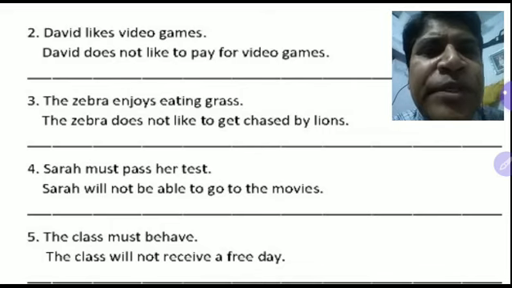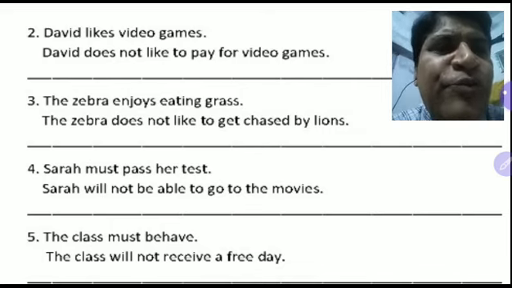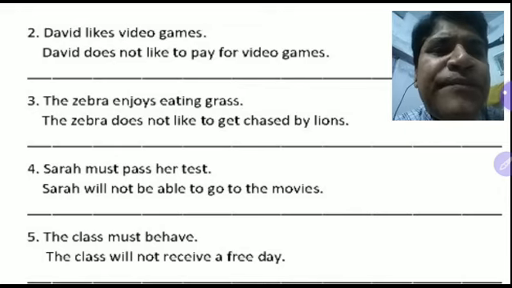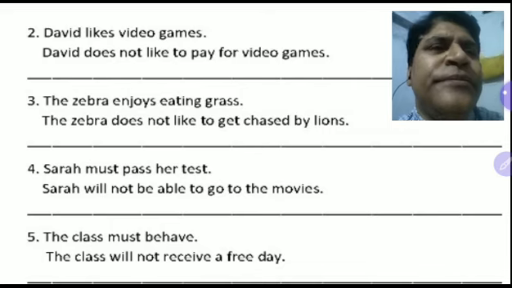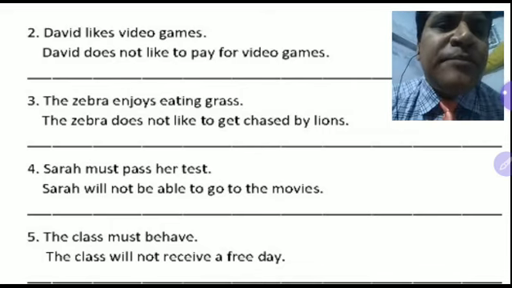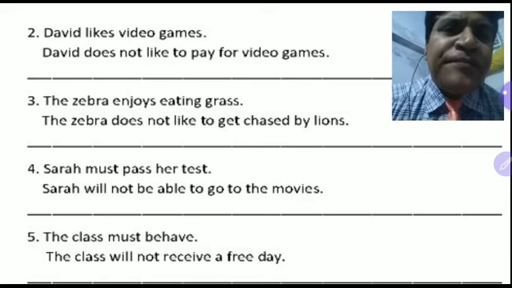Now come to the next one. The zebra enjoys eating grass. The zebra does not like to get chased by lions. Now here again some kind of contrast appears.